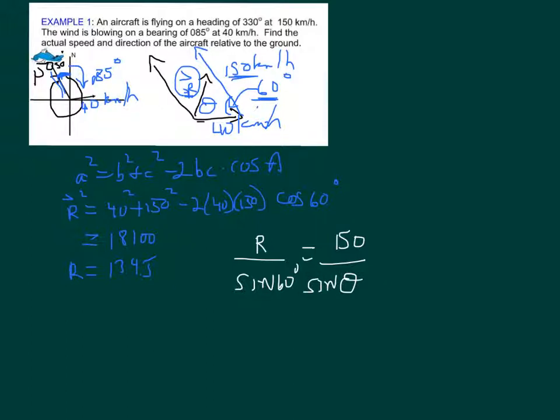Now, r we just calculated at 134.5 over the sine of 60, which we know is 0.866, equals 150 over the sine of theta. A quick little way to find the value here is to use a little z pattern. We're going to go from the sine of theta, we're going to make a z, so we're going to take 0.8660 times 150 and divide by 134.5.